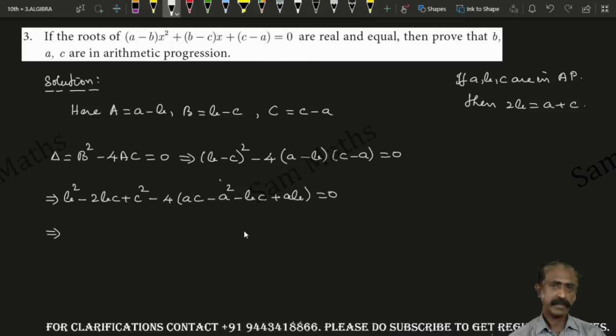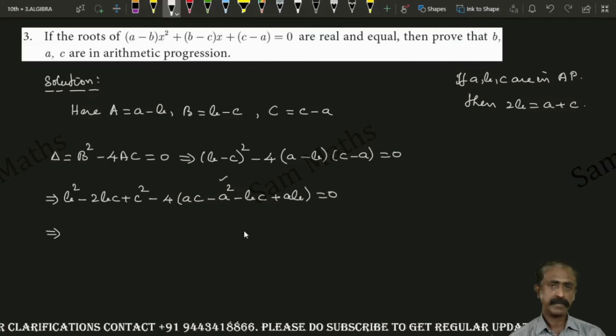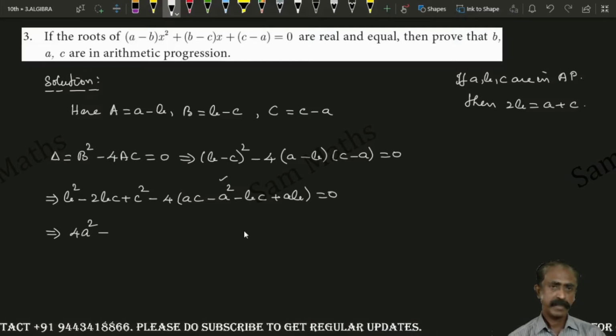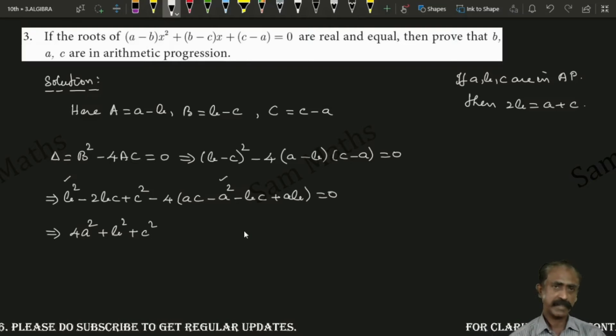I am taking this term, that is minus 4 into minus a square, that is 4a square, then plus b square plus c square, the square terms. These 2 terms I consider.